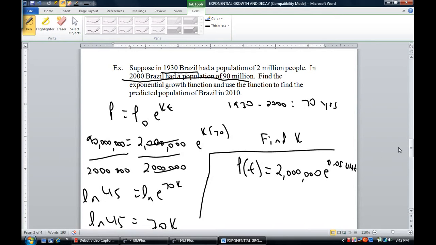That is our function. Now, we're going to use this exponential growth function to find the population of Brazil in 2010. That's the predicted population.